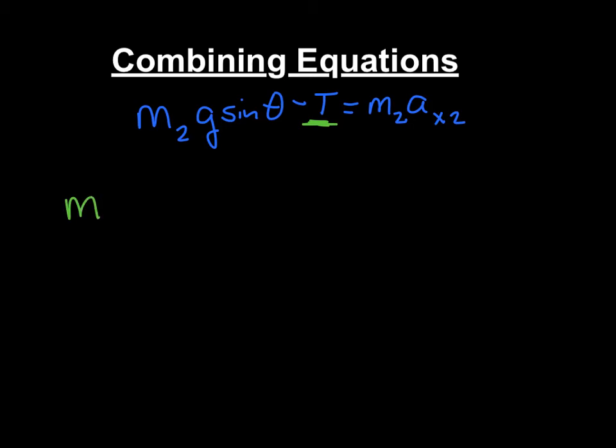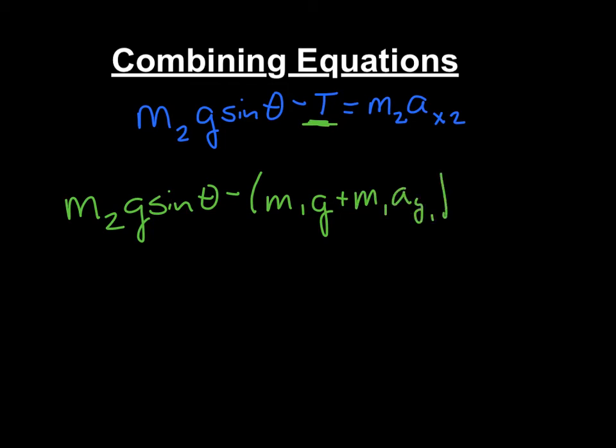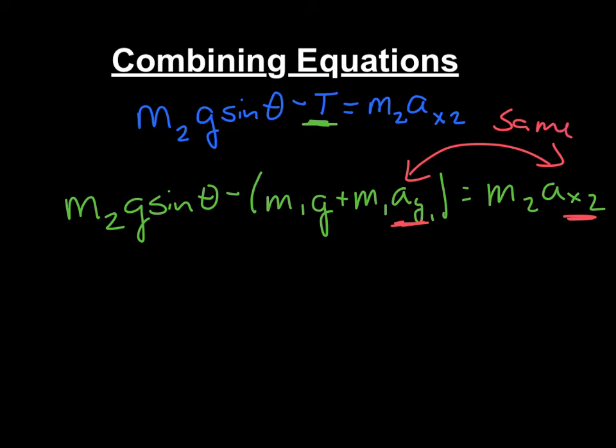So we have m2g sine theta minus the quantity m1g plus m1a_y1 equals m2a_x2. Now we remember, this acceleration is the same as this acceleration. So if they're the same, then we can just write them as the same thing, and get all of our a's.